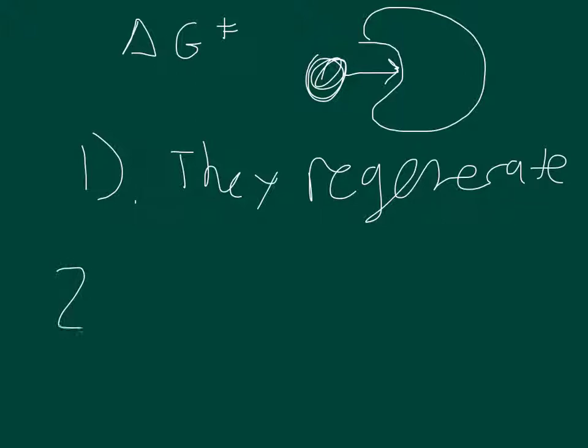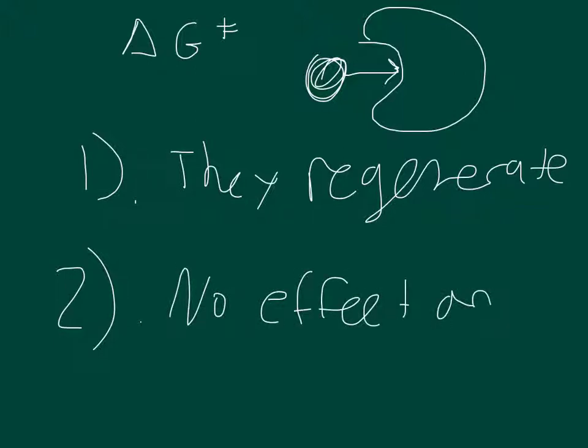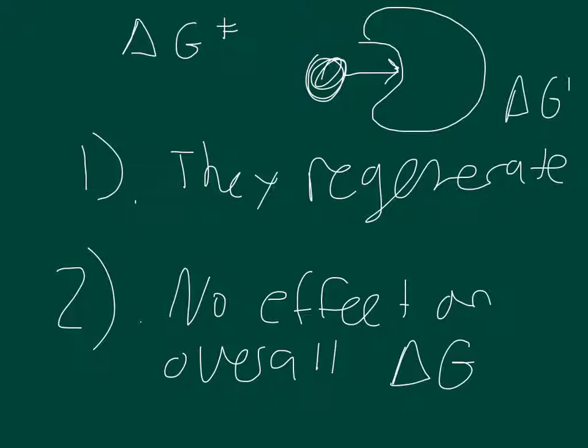Number two is that they have no effect on the overall delta G, the overall change of free energy. I'm not talking about delta G of the transition state. I'm talking about the overall change of free energy. They do not change it at all.